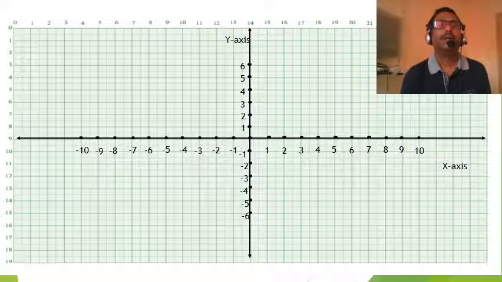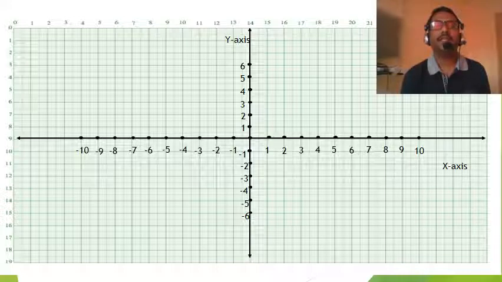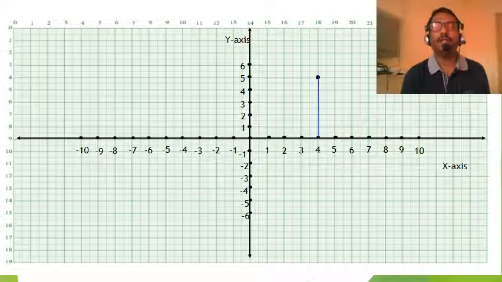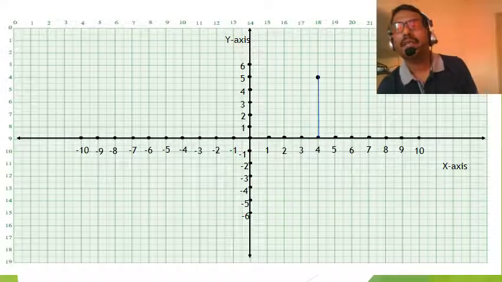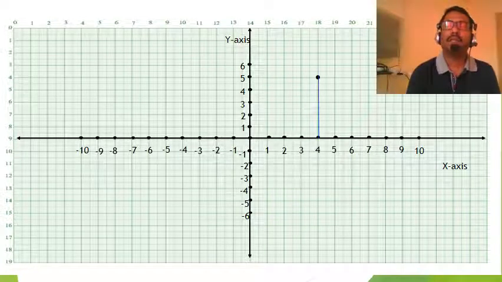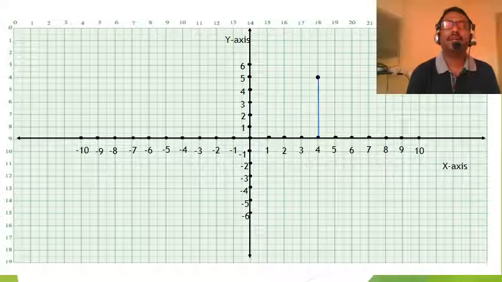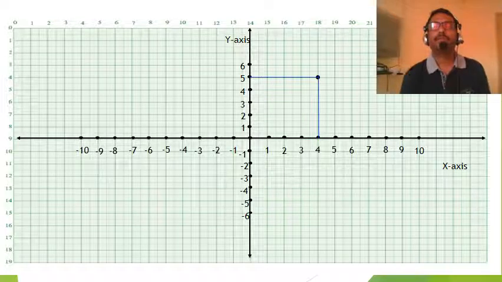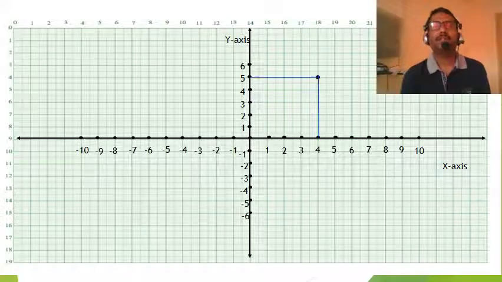Now let us see how any point can be represented in this plane. So take any point here. To locate this point, we draw a perpendicular line to the x-axis, which will give us the x coordinate of this point, and a perpendicular from this point to the y-axis, that will give us the y coordinate.